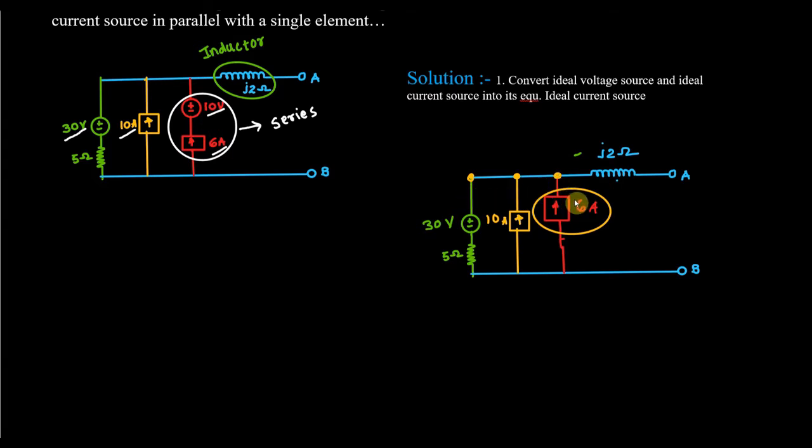These three sources are now connected in parallel, and we know that for a parallel connection, all sources must be practical or ideal current sources, so that we can combine all these current sources and get the resultant current source. So in the second step, we will convert the 30 volt voltage source present here into its equivalent current source.